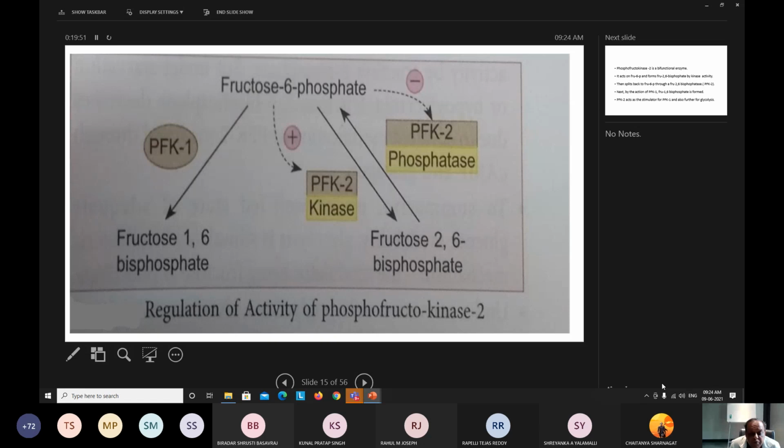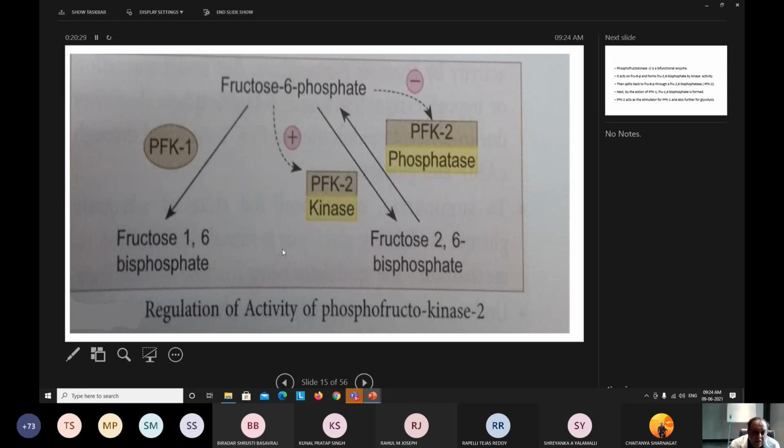Fructose 2,6-bisphosphate will split back to fructose 6-phosphate in the presence of the enzyme phosphofructokinase 2 phosphatase. Then it goes back to fructose 6-phosphate. From fructose 6-phosphate, it gets directly acted upon by phosphofructokinase, and then the final product that will be formed is fructose 1,6-bisphosphate.